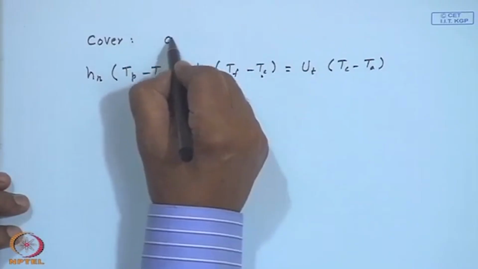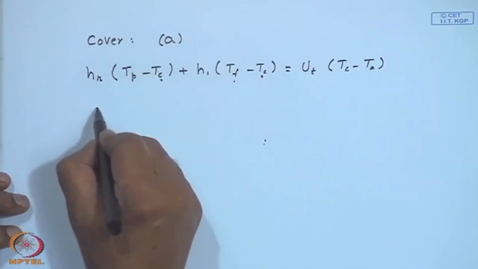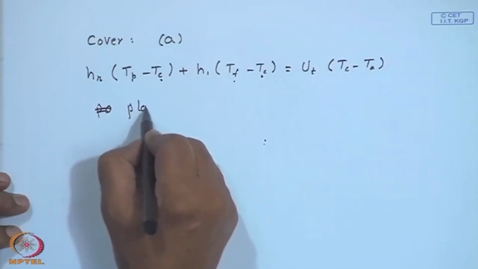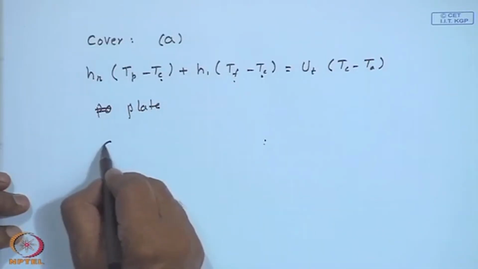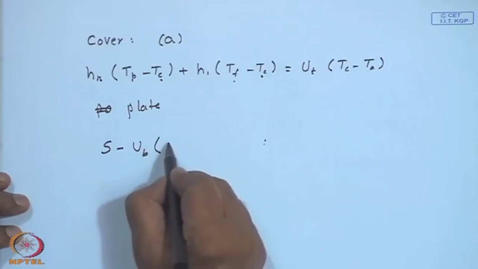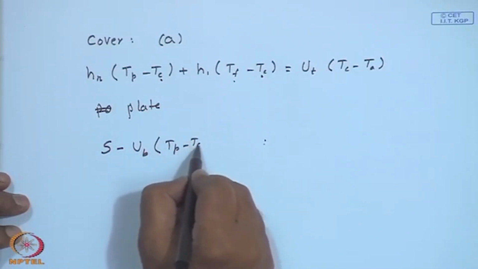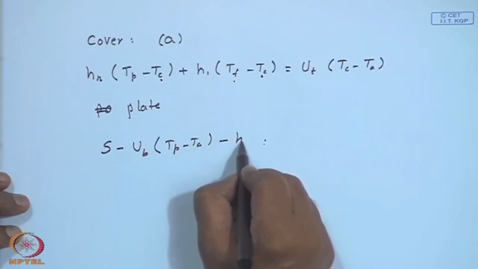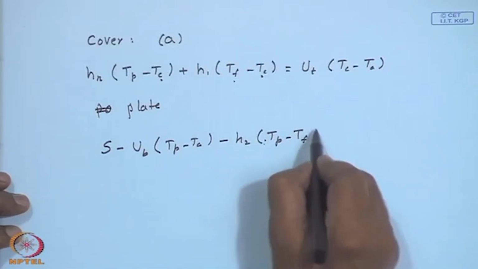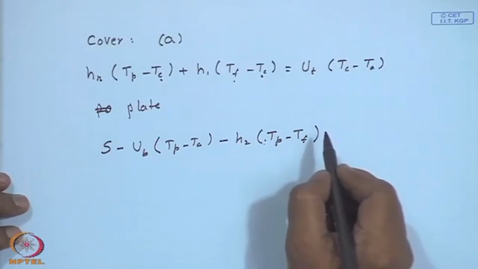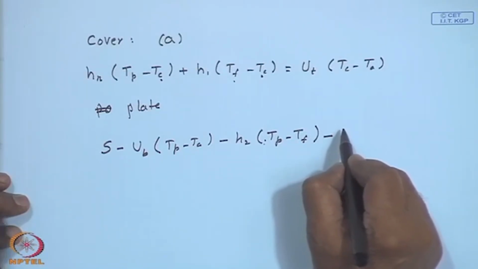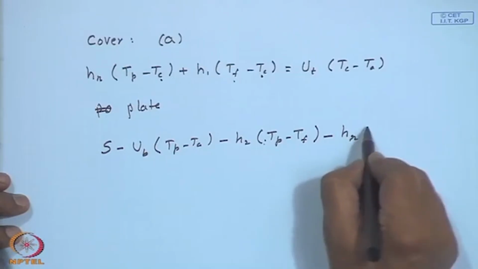On the plate, absorbed energy S minus the bottom loss Ub times (Tp minus Ta) minus H2 times (Tp minus Tf), so it is a loss apparently, or gain if Tf is higher, minus Hr times (Tp minus Tc) should be equal to 0.